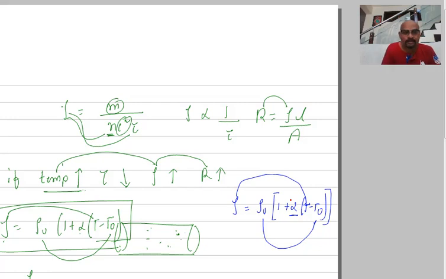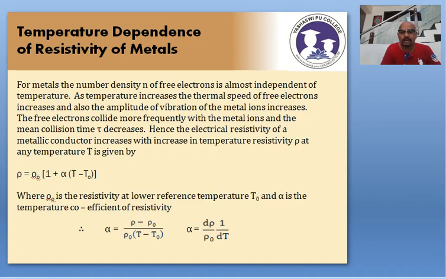So coming back to the slides, check this one: rho is equal to rho naught into 1 plus alpha into T minus T naught. I have explained this clearly for metals. In the case of metals, the number density of free electrons, n, is almost independent of temperature.